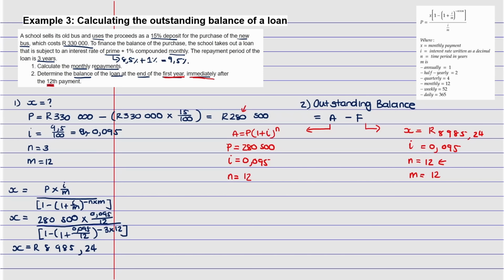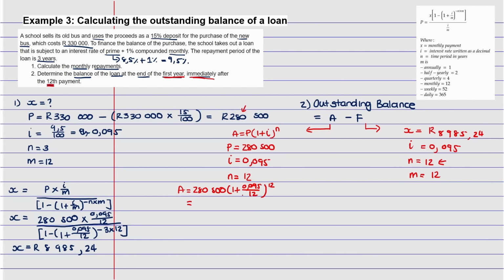So with that said, let me find my A and my F separately. A here is going to be equal to 280,500 times open bracket 1 plus 0.095 divided by 12, to the power 12.